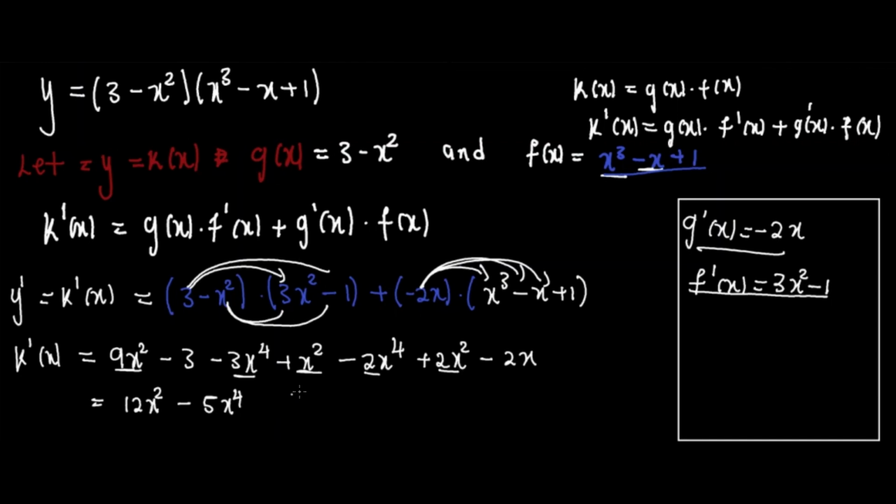Then we don't have any other like terms, so it will be minus 2x and minus 3. So this is the simplified version of this one. Even if you leave your answer at the unsimplified form, it would still be correct. So it will be up to the examiner if he or she wants you to simplify completely.